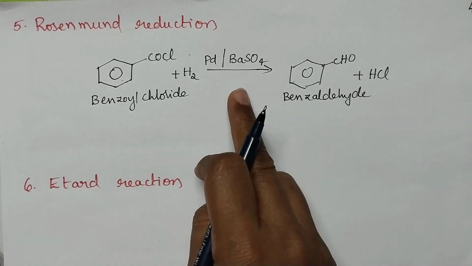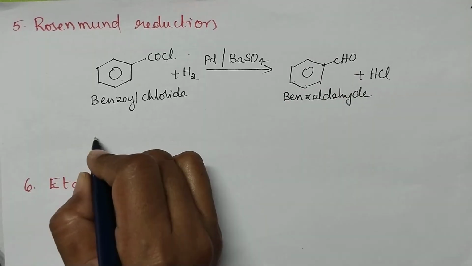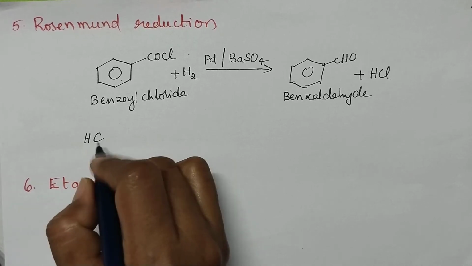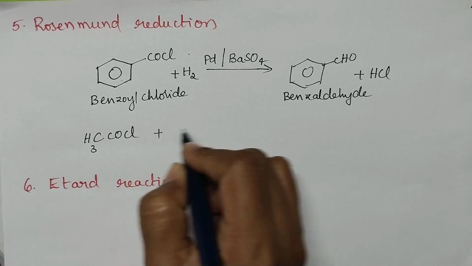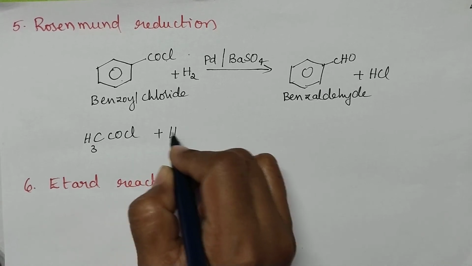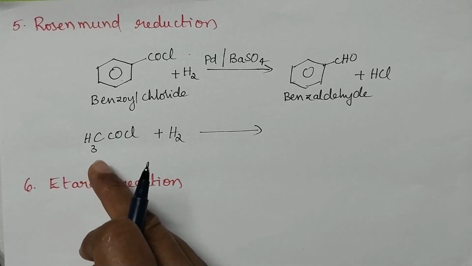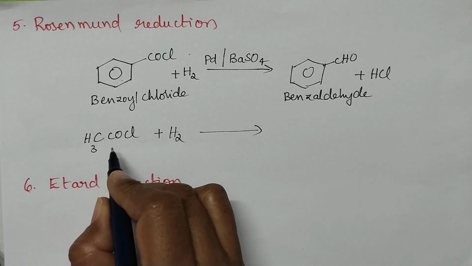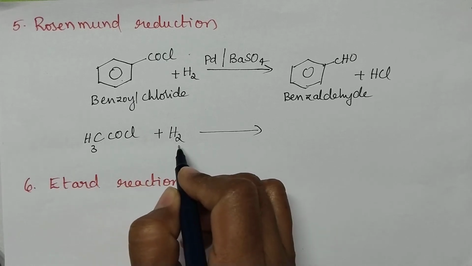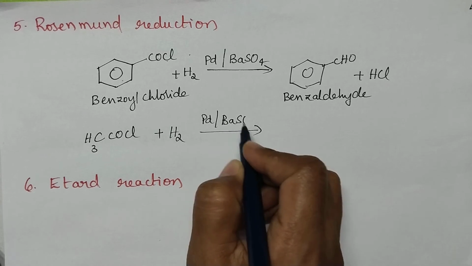Is it clear, students? And it is also possible to reduce alkyl acyl halides into corresponding aldehydes. That means when we consider an alkyl acid halide, that can be reduced with palladium and barium sulphate.